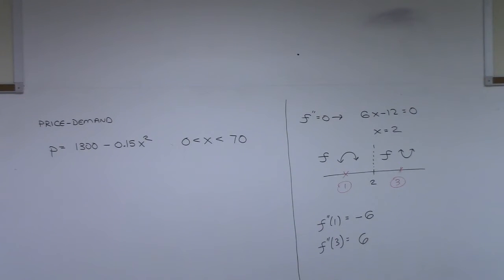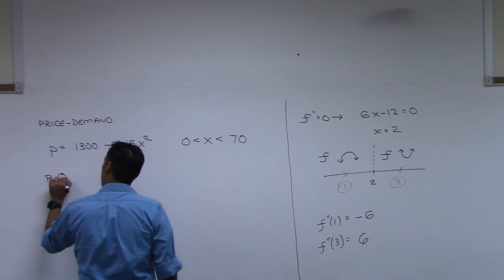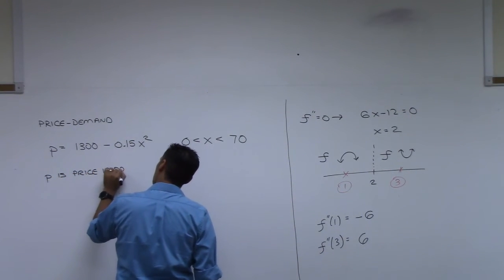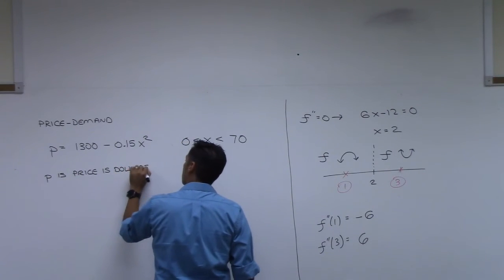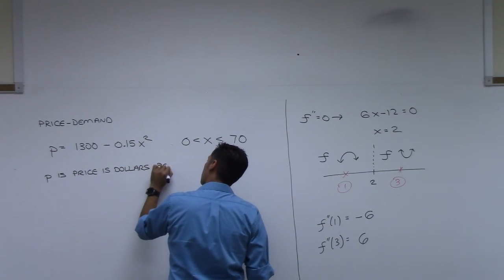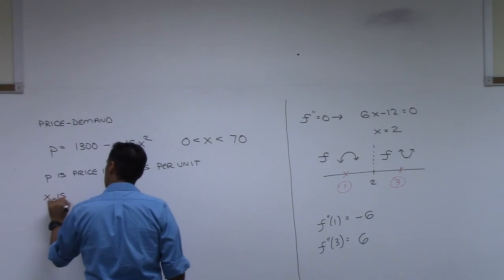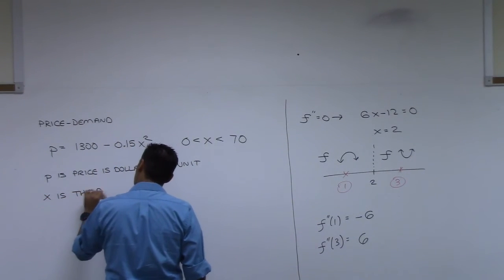So here P is the price in dollars per unit, and x is the demand.